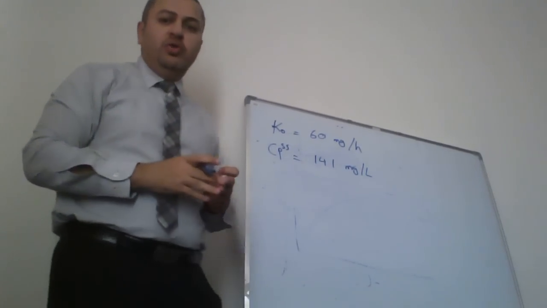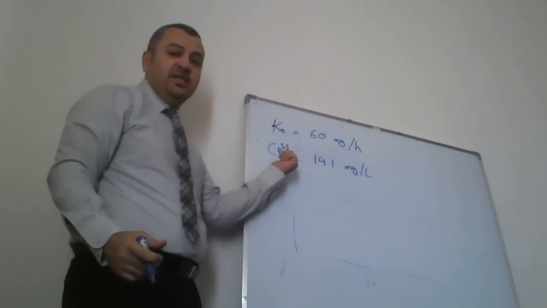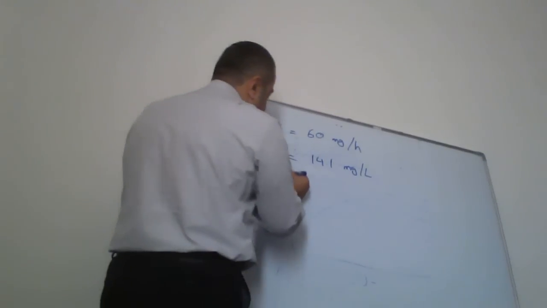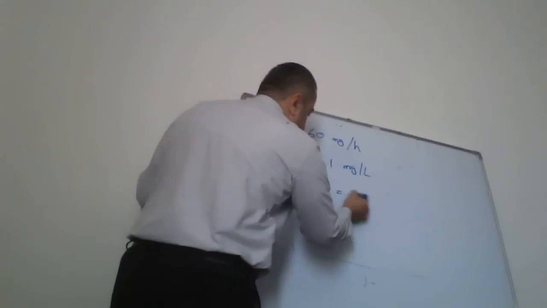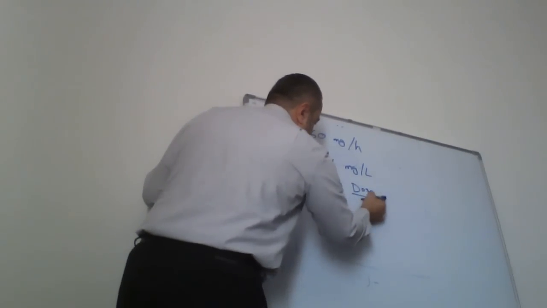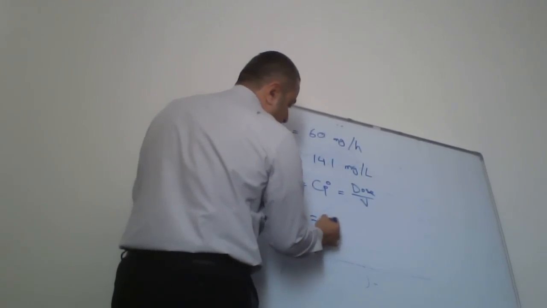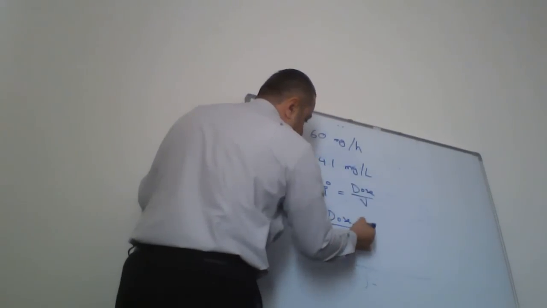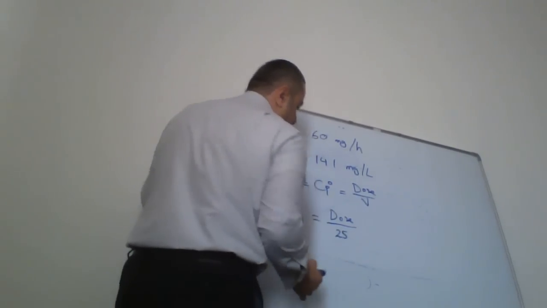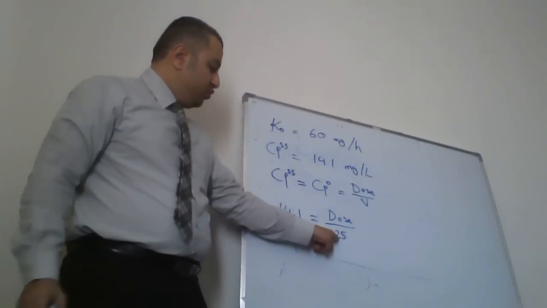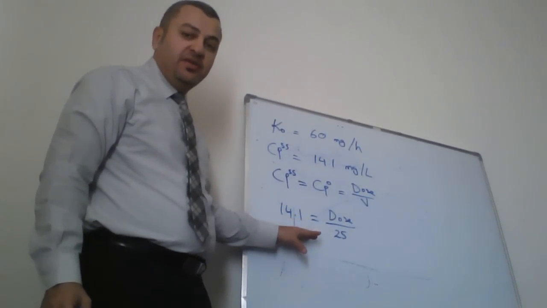What do I need to do? I need to give now an IV bolus to reach this CPSS at time 0. So CPSS is equal to my CP0, and CP0 is equal to dose divided by V. So 14.1 will be equal to the dose divided by V. What is the V for theophylline? We said that it's 25 liters. So multiply 25 liters by 14.1 milligram per liter, and you will get the dose.